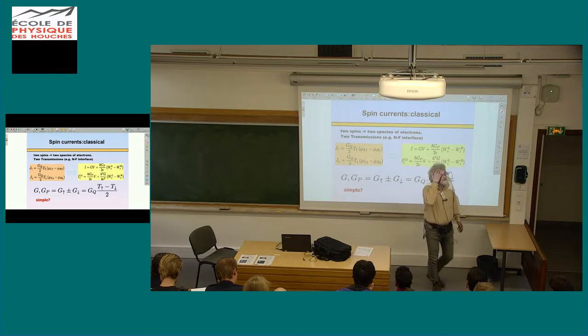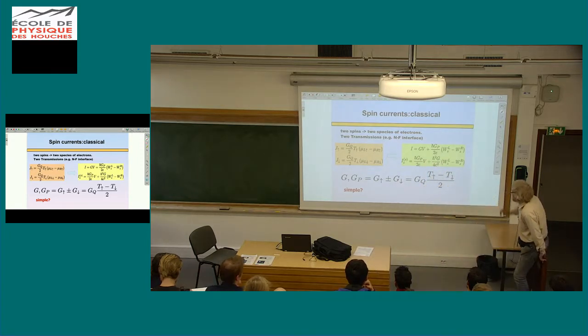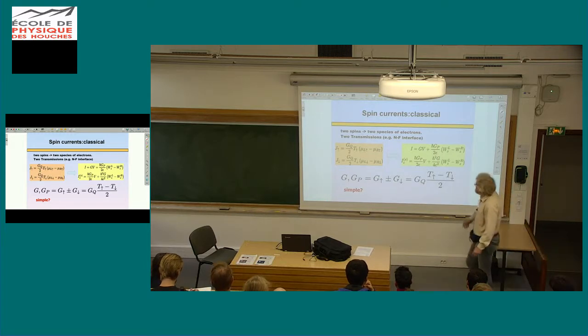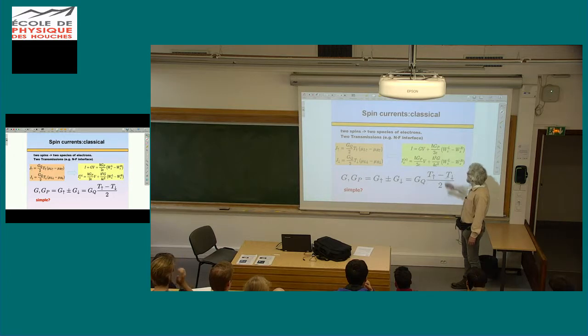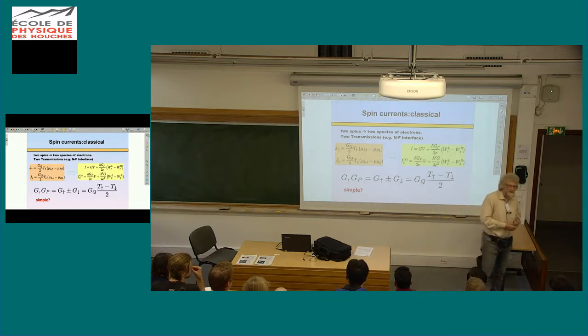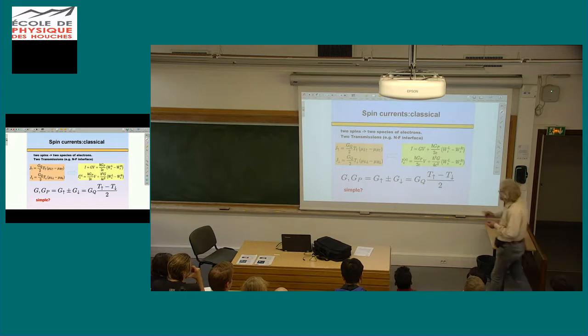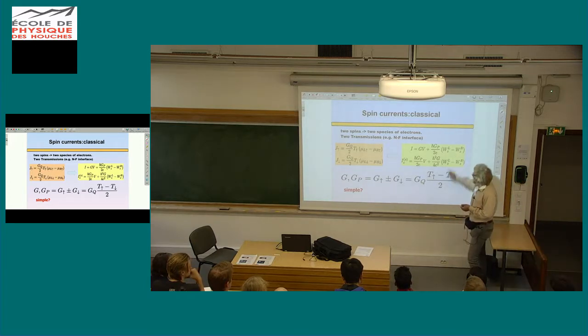We can figure out the currents of electrons with spin up, electrons with spin down. Then we can make equations. That's for electric current, and it feels spin accumulation in this direction with a coefficient which depends on the difference between transmission coefficients with different spin. All right, so that is detection of spin accumulation.